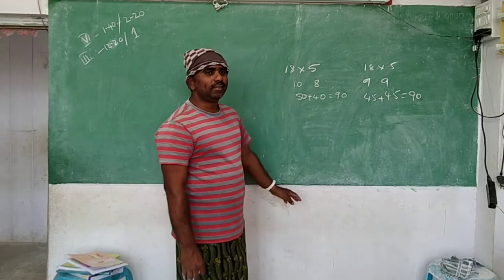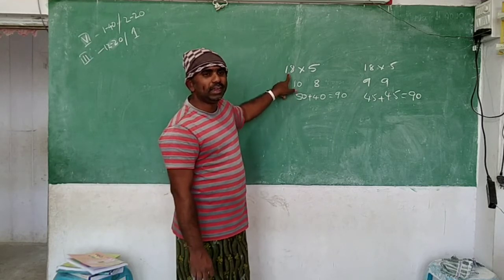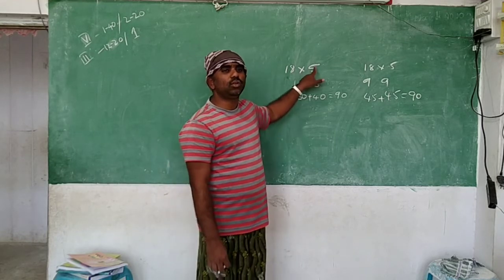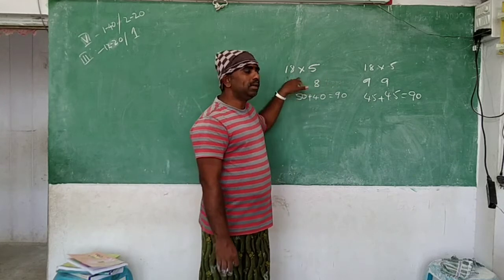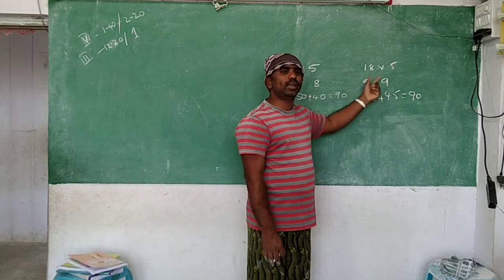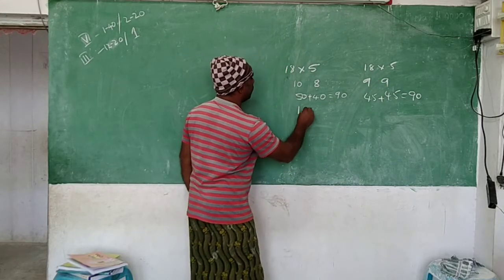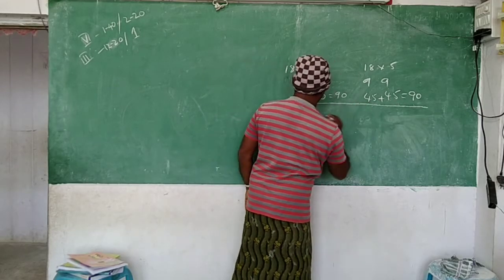But especially this method is good: splitting into tens, because the 10 table is easy for you. One table may be easy, another table may be difficult. If you split like the other way, two tables may be difficult for you. Suppose 13 fives, I want to know.